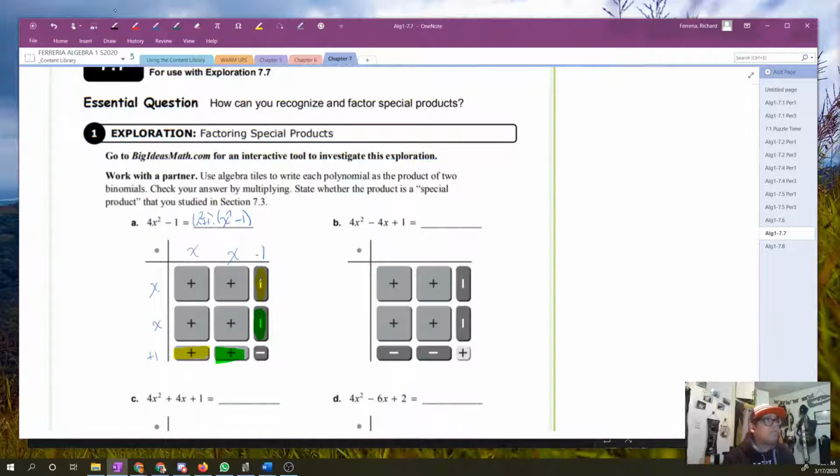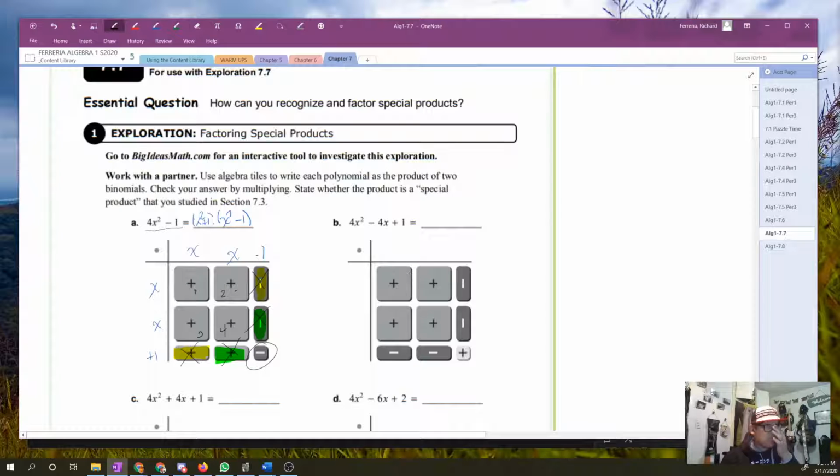So really, when you FOIL it out, you get this 4x squared, 1, 2, 3, 4x squares. These guys are 0 pairs, so they get canceled out. And you just get the -1 here. So that's why we got 4x squared minus 1.